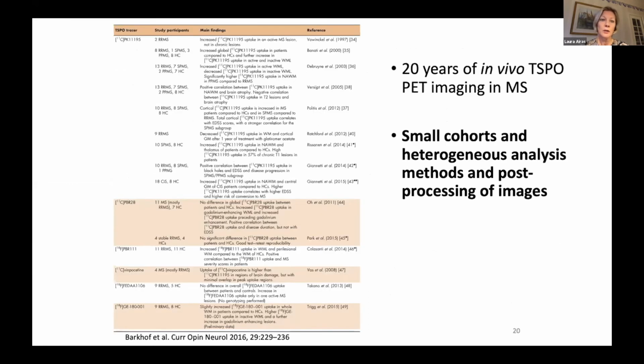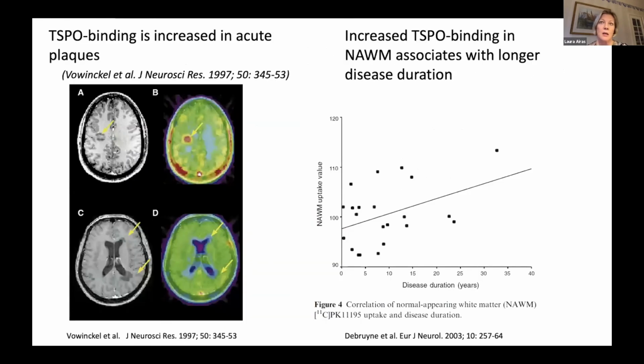By now, there is over 20 years of experience of TSPO imaging of MS brain. The earliest studies demonstrated the very strong radioligand binding in the acute lesions, but they also showed the correlation between the increased binding and disease duration.